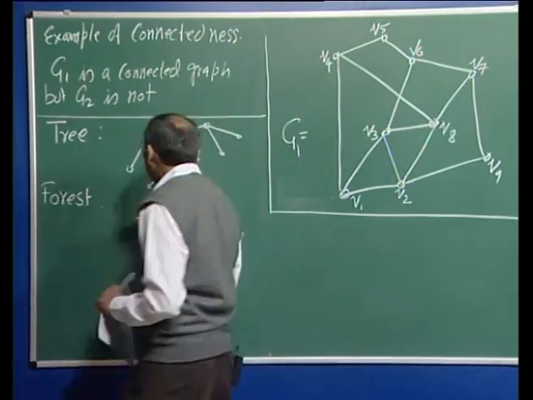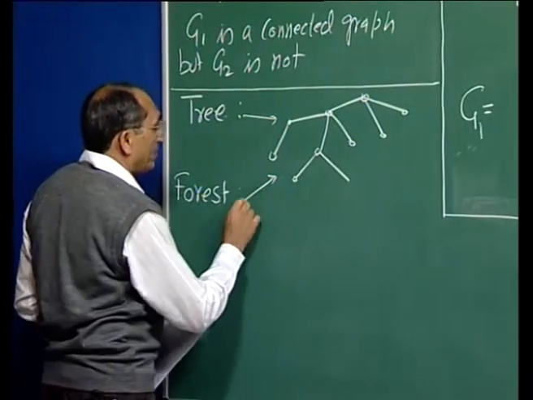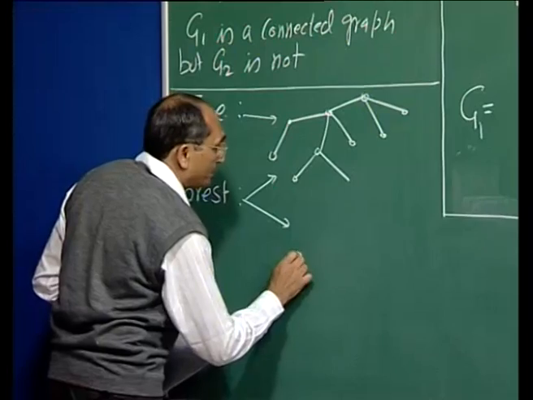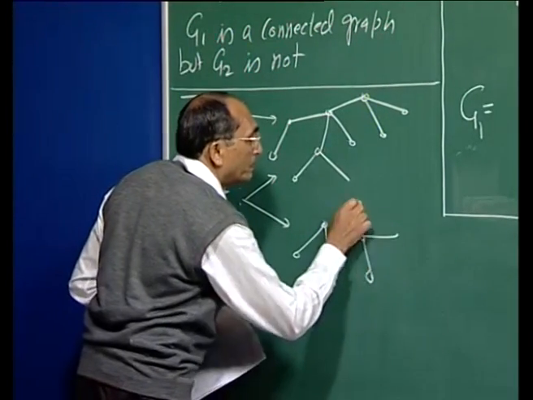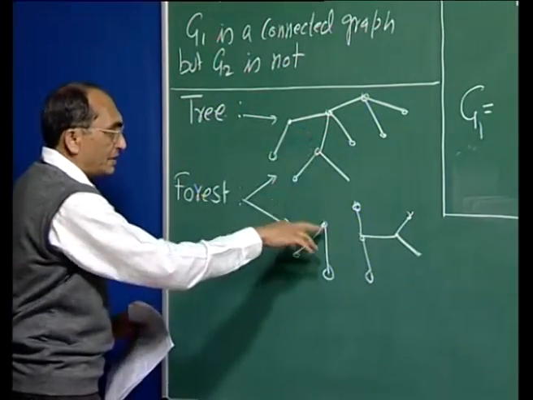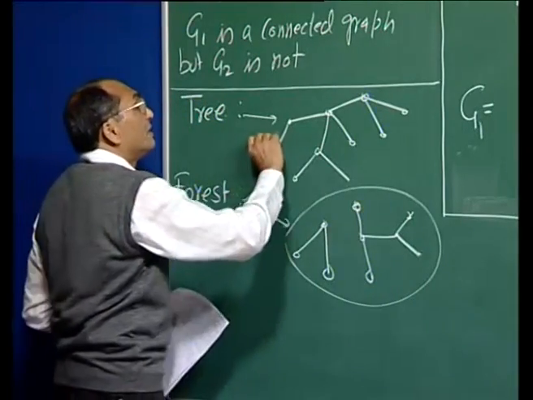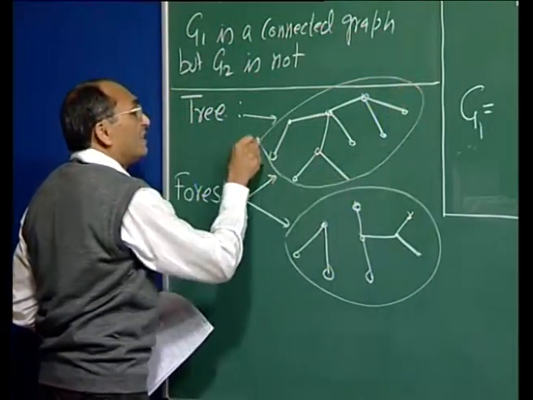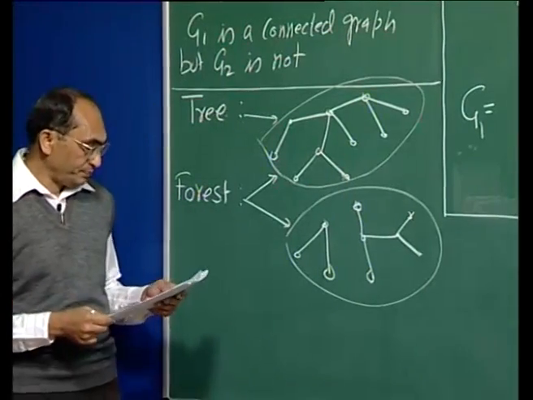An example is this, this is also an example of a forest, so is this one. Both of these graphs, this as a single graph and this graph, can be considered forests.